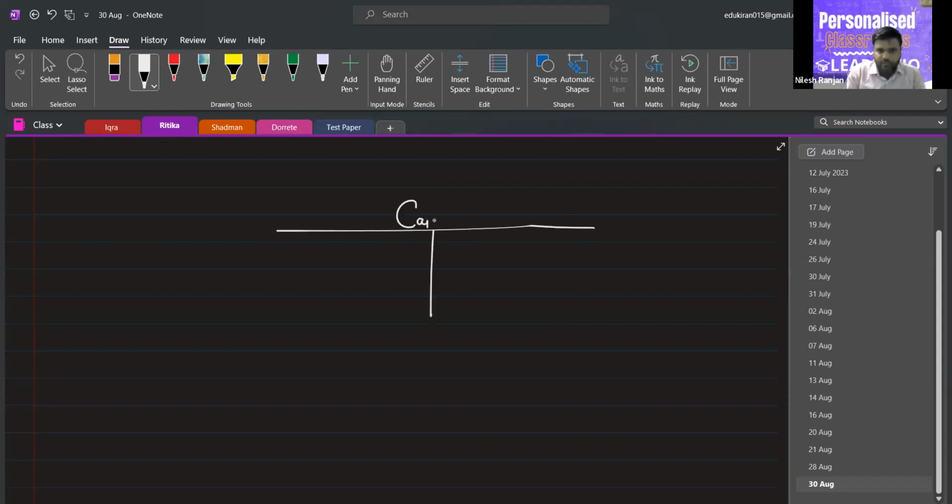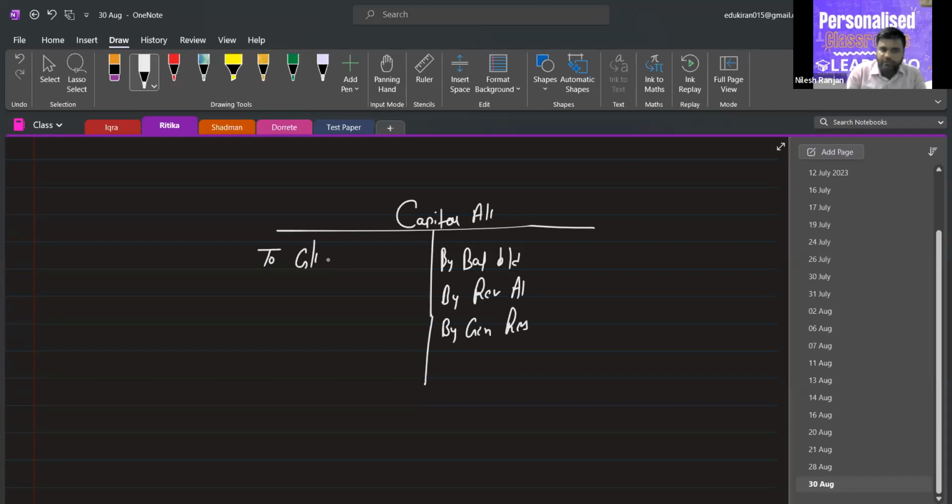Let's say this is your capital account, A capital. Now we write all the items like by balance b/d here, by revaluation account, and by profit or general reserve. Here we write existing goodwill, and there is premium for goodwill.